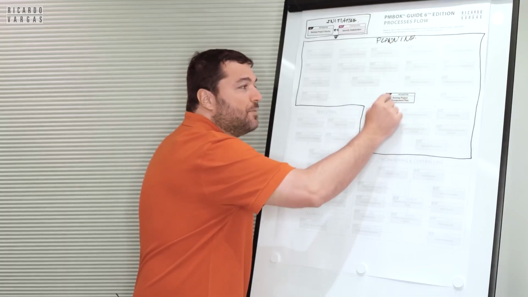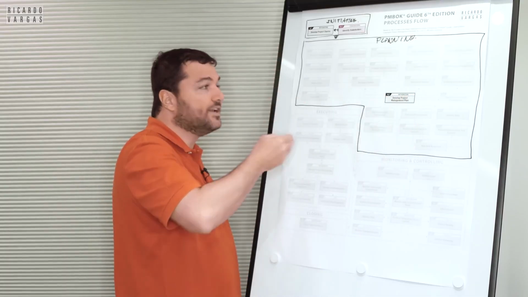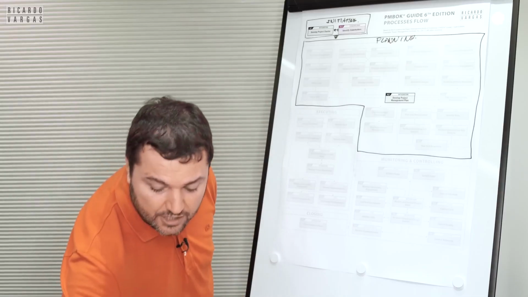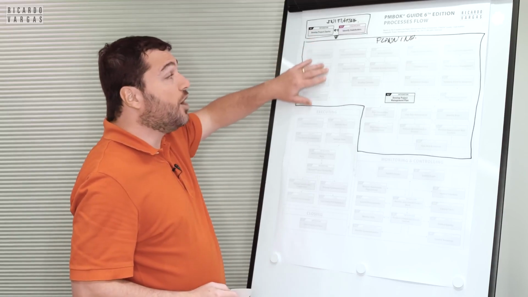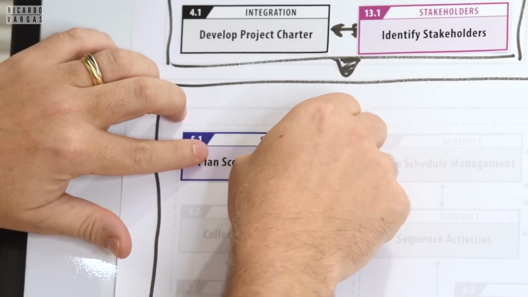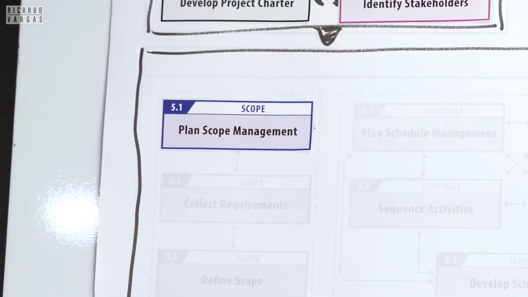So to develop the project plan, you need to do a lot of things and work in different areas. The first one that you need to start working on is the area of scope. And you need to plan how you will manage the scope of your project.